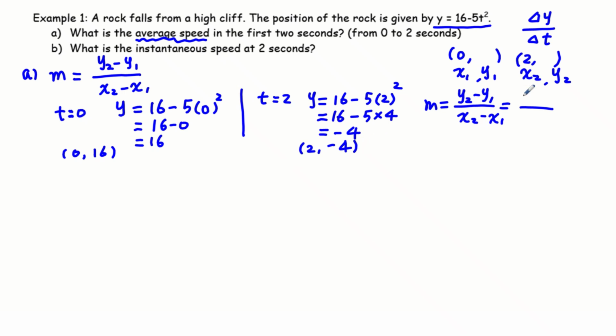If we use this one as the second point, so negative 4 and 2 as the first terms, and minus y1 is 16, x1 is 0, so we have negative 20 over 2, then equals negative 10 meters per second. Although it didn't say it, by default it is y in meters, okay?